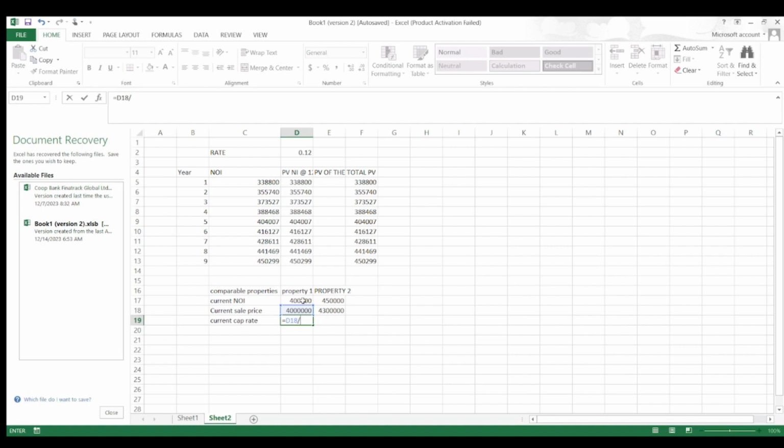So for the first case, it's 10%, and for the other case, it's 9.5%. So now we need to calculate the average cap rate, which will be the average of both of these amounts.